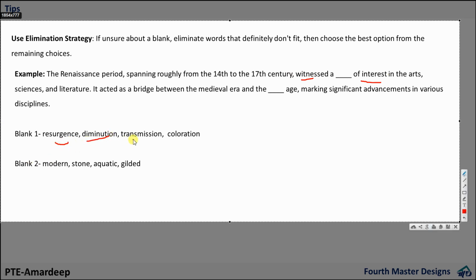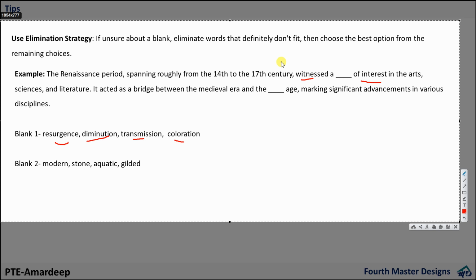Options: resurgence, diminution, transmission, coloration. Witnessed may be some kind of increase or decrease, one of these words. Because I understood the context, it is either increase or decrease.